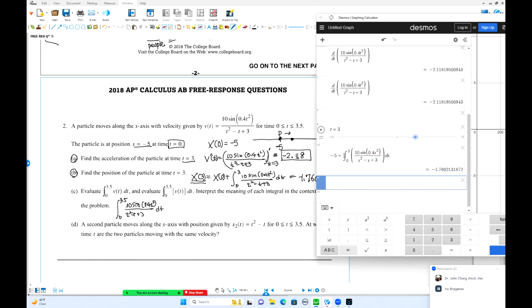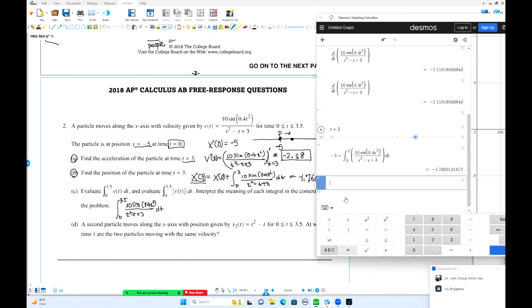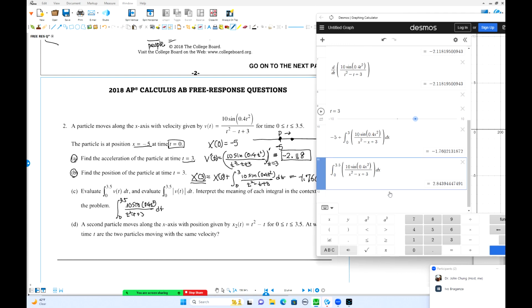Just so, 0 to 3.5, okay, this is the v(t). We calculate this one. From 0 to 3.5, this is 3.5.